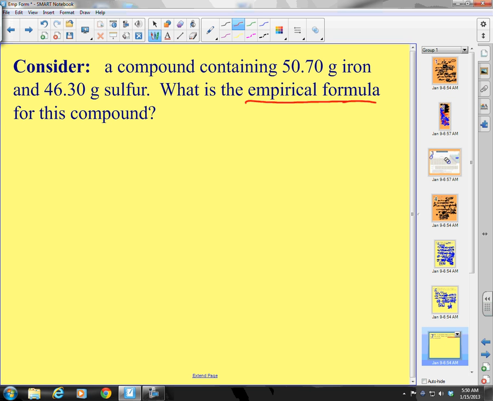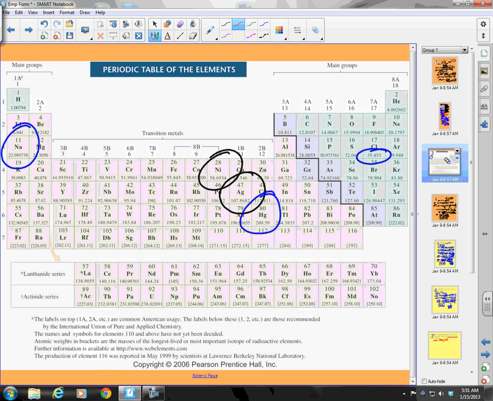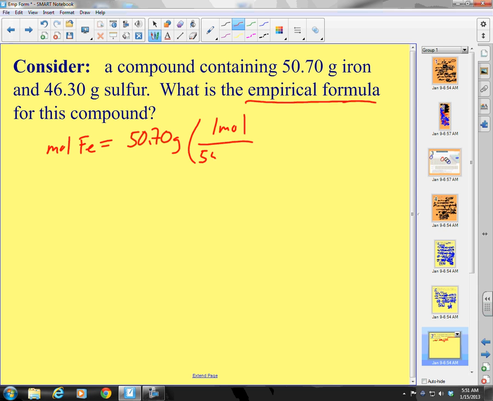I have a compound, 50 grams. Okay, what do I have? Iron. So I know I have 50 grams of iron. I want moles of iron. So I'm going to take 50.70 grams of iron times 1 mole per. Let's go to our periodic table. And where's iron? 55.85 grams.